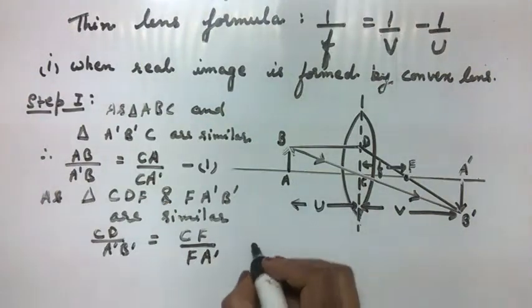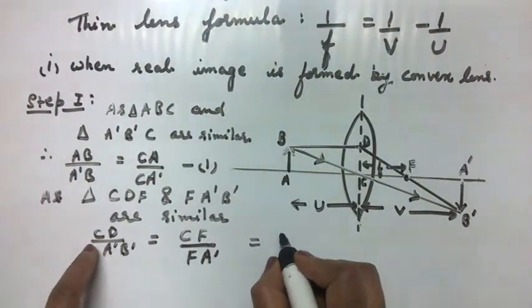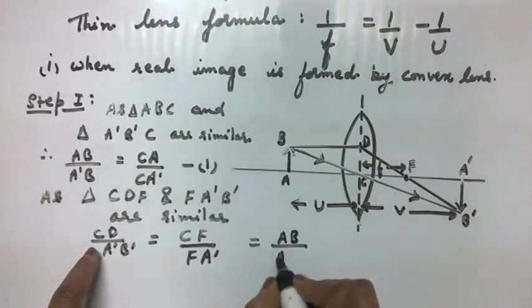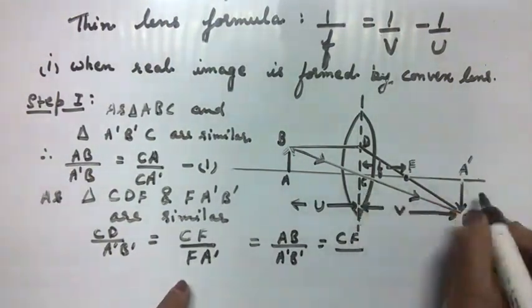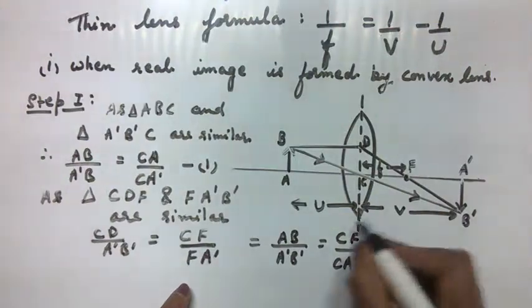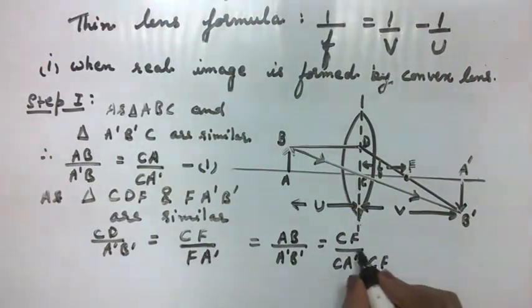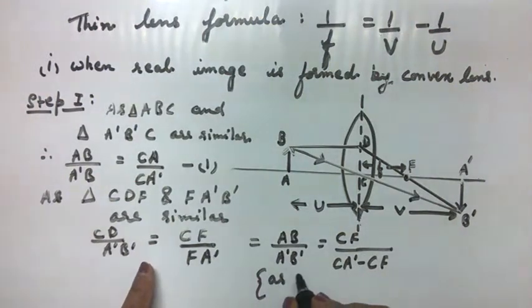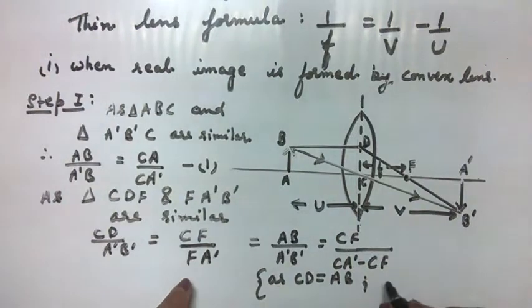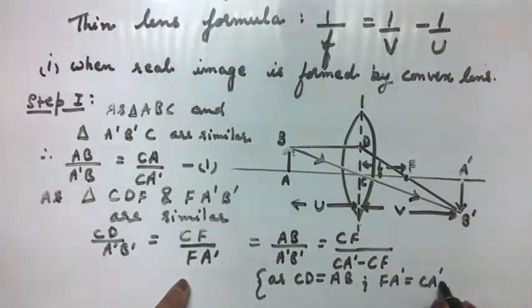Therefore, we can write AB upon A dash B dash equal to CF upon CA dash minus CF, where CD is equivalent to AB and FA dash is equal to CA dash minus CF.